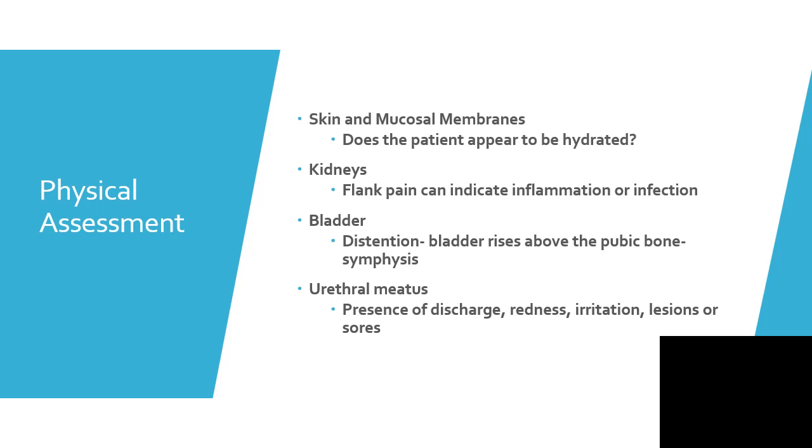When looking at the bladder, we want to see, does the bladder appear to be distended? If it's distended, it will rise above the pubic bone symphysis, and also will have some pain and discomfort. The urethral meatus, we want to look for any presence of discharge, redness, irritations, and possible lesions or sores.